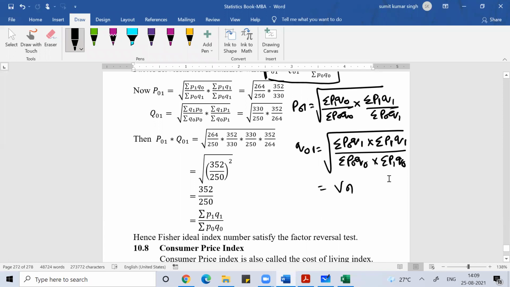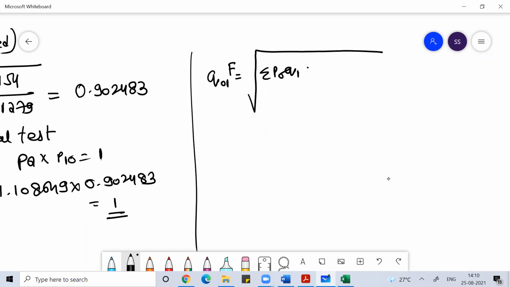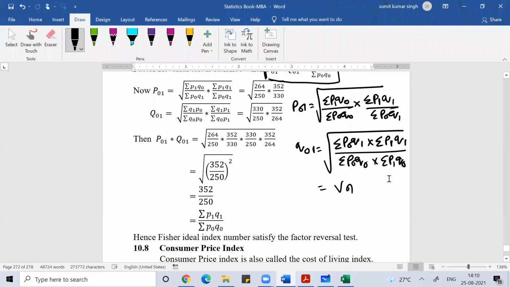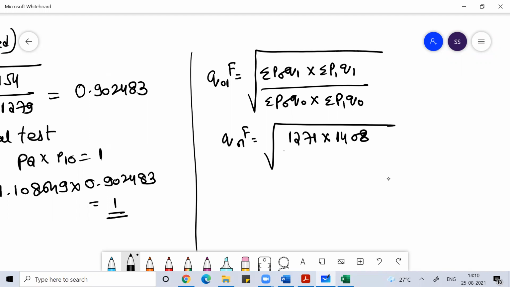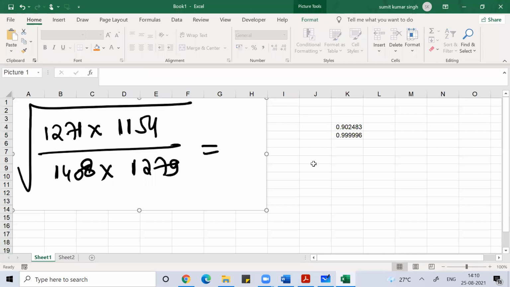Q01 is the square root of sum of P0Q1 into sum of P1Q1, divided by sum of P0Q0 into sum of P1Q0. Here sum of P0Q1 is 1271, P1Q1 is 1408, P0Q0 is 1154, and P1Q0 is 1279. Don't include 100 here.